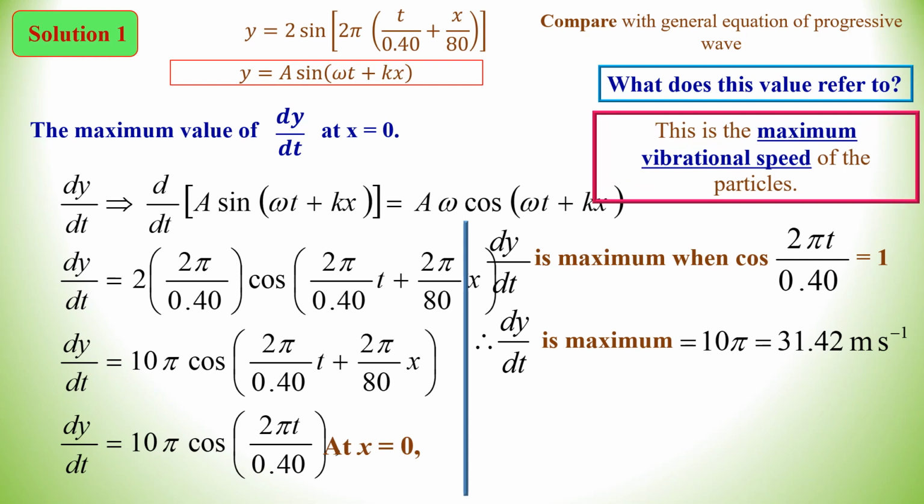This value refers to the maximum vibrational speed of the particle, which is dy/dt maximum equals 10 pi equals 31.42 meter per second. Remember, dy/dt is maximum when cos of 2 pi over 0.4 t equals 1.